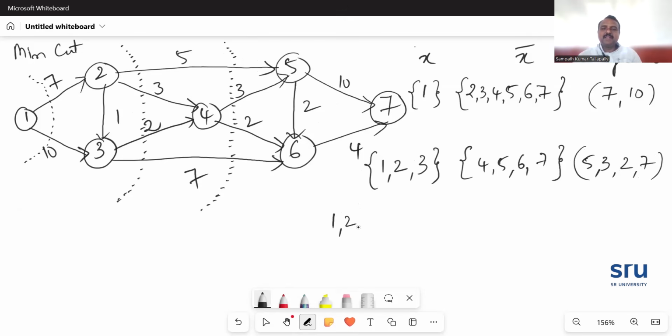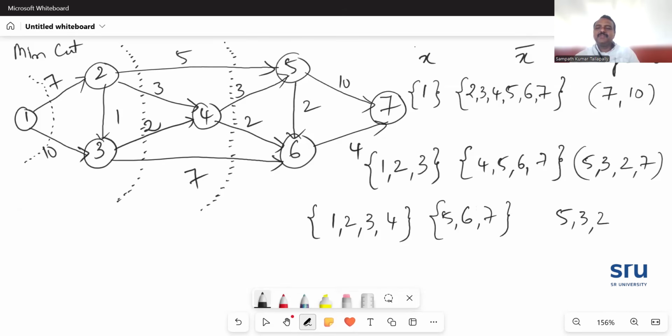I have the elements 1, 2, 3, 4 in X, and 5, 6, 7 are the elements in your X bar. So what are the values of my edges? 5, 3, 2, and 7. Okay, this is my third set.